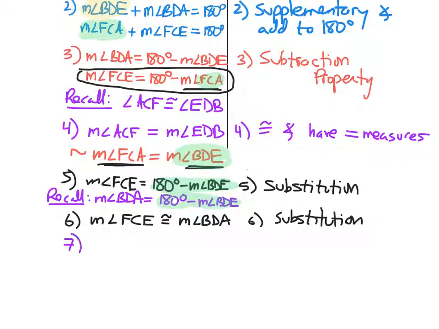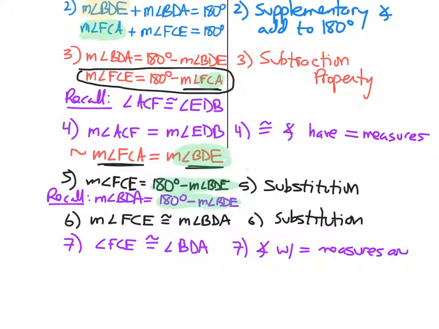So it would follow logically that angle FCE is congruent, glitchy pen now, angle BDA where before I said congruent angles have equal measures, angles with equal measures are congruent.